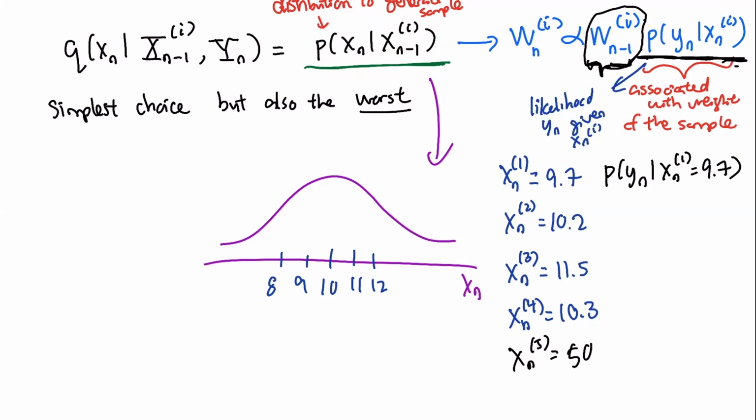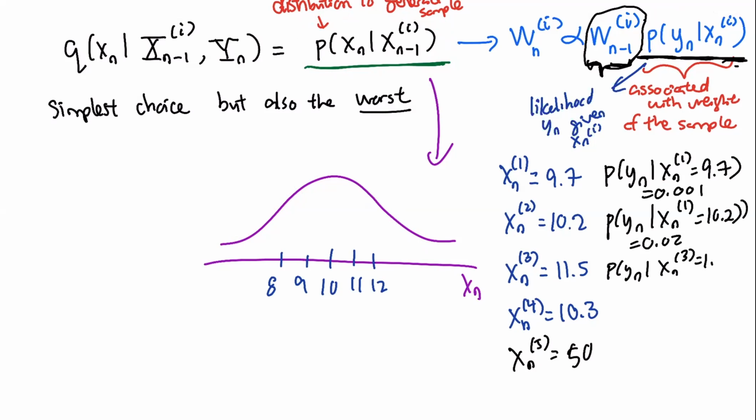So it might be the scenario where I generate a bunch of particles which are extremely likely in this probability distribution, but which have a very, very low likelihood function. The probability of yn given xn equals 10.2 could be very low. This could be 0.02. This could be 0.001. The probability of yn given 11.5 could be 0.0005.